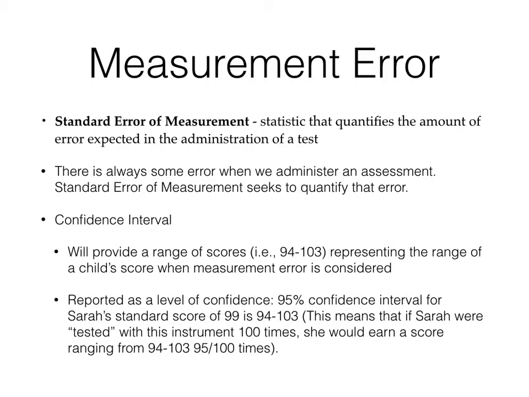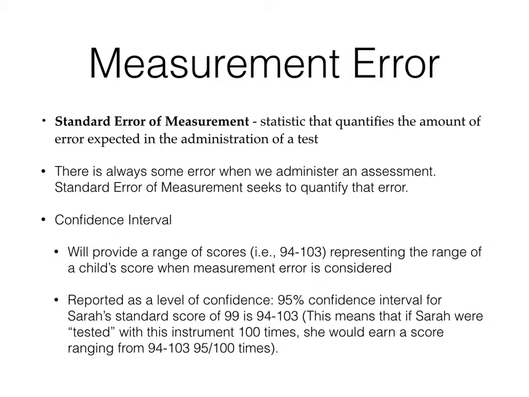So, talking a little bit about this concept of measurement error, we've touched on this a little bit previously, but the standard error of measurement is defined as a statistic that quantifies the amount of error that's expected in the administration of a test. So, there's always going to be some level of error when we administer an assessment, and the standard error of measurement really seeks to quantify or place a numerical value on that error.